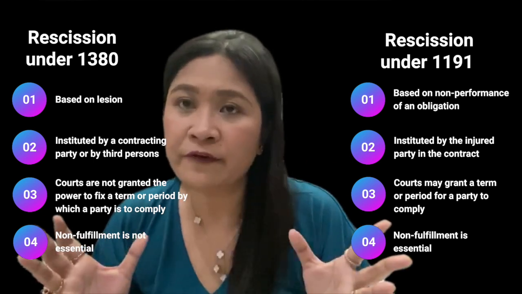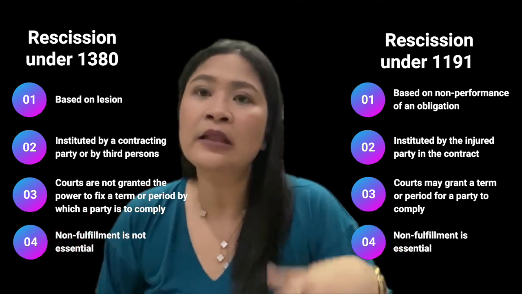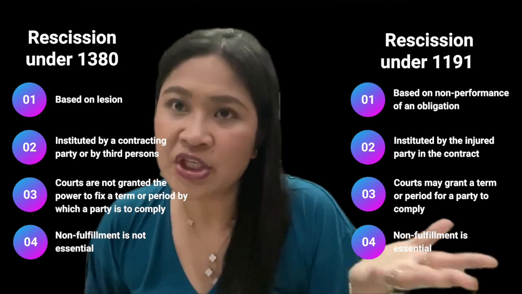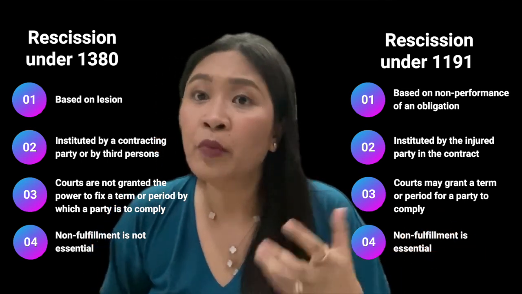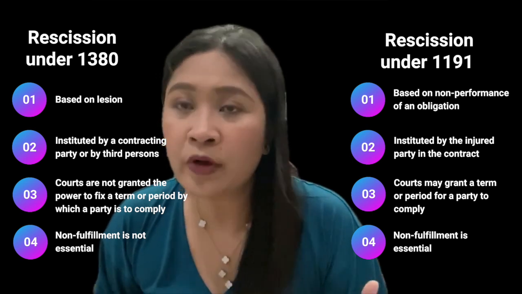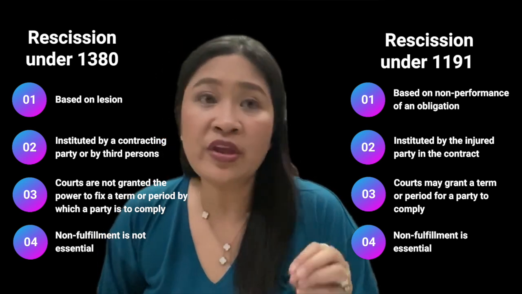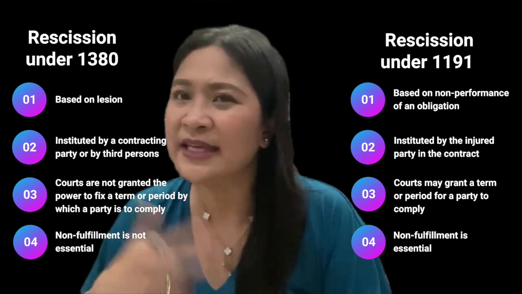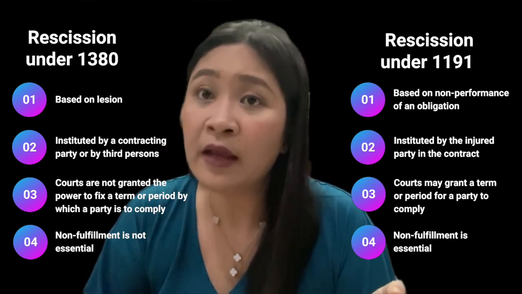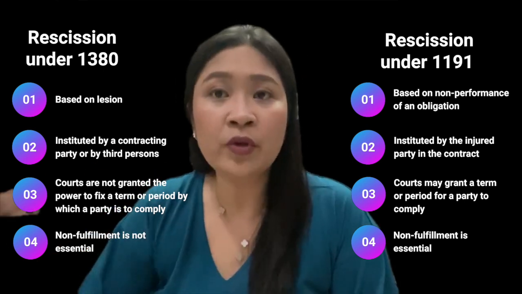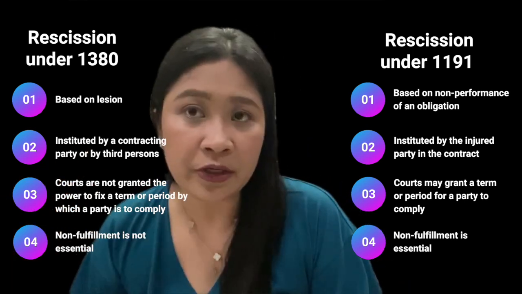A third difference between the two is that under 1380 rescission, the courts are not granted the right to give a term or a period for which the other party will comply. Because again, it's not about non-performance or non-fulfillment. While in 1191, the courts may grant a term or a period.